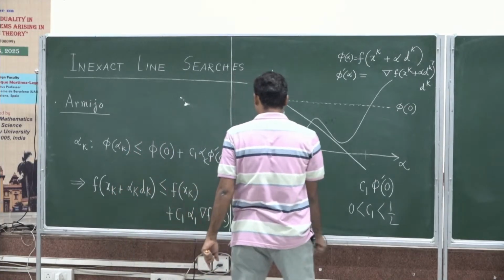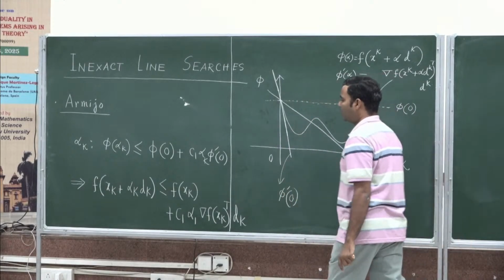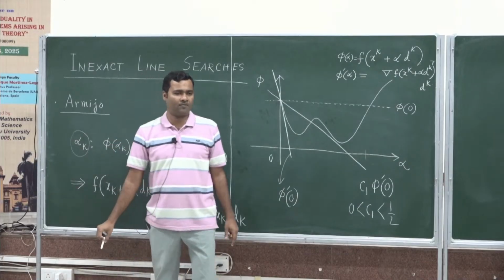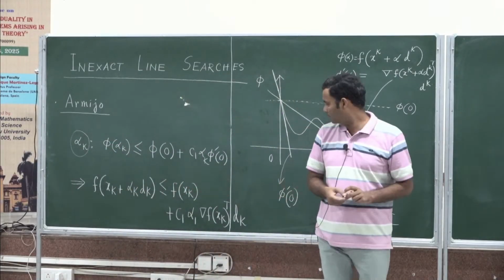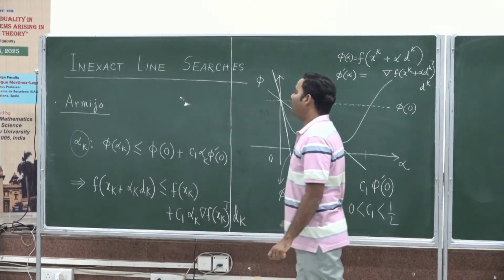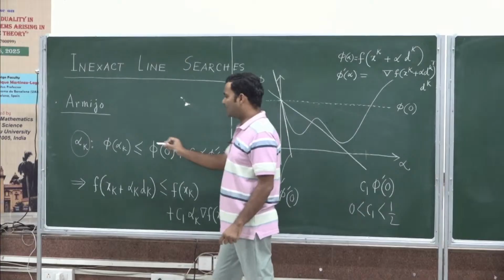Fine. Now how to figure out this particular alpha? It is okay that we are going to choose this alpha, but how to choose such an alpha? Yes, it is alpha k. Now here, how to choose such an alpha k?